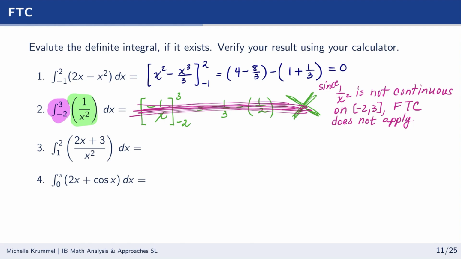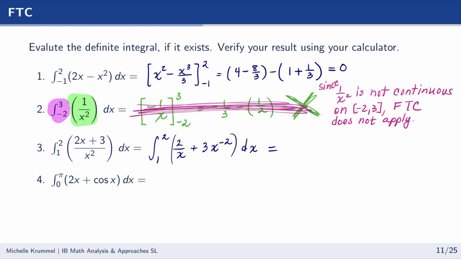We want to simplify this first and then find the antiderivative. So I'm going to divide 2x by x squared, and then I'm going to divide 3 by x squared. 2x over x squared is 2 over x. And then 3 over x squared, I'm going to write that as 3x to the -2 dx.